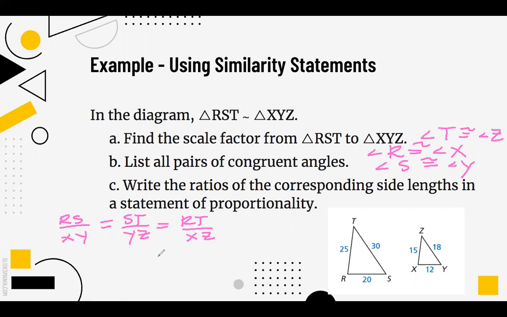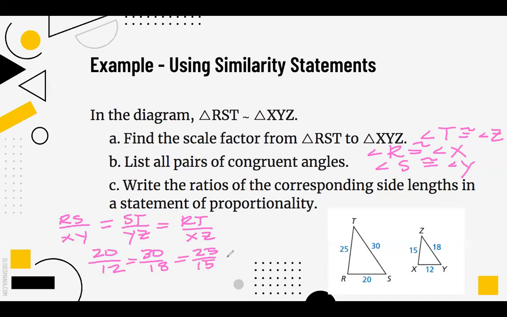For RS, we have 20 over XY, which is 12, and ST, which is 30, over YZ, which is 18, and then RT, which is 25, over XZ, which is 15, all right?